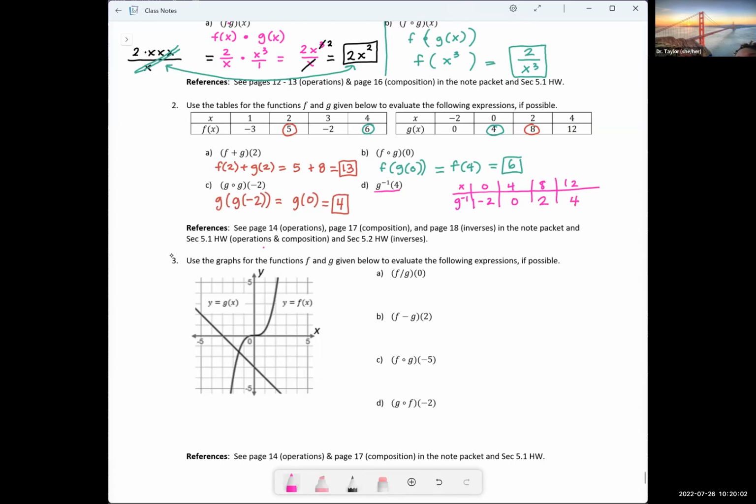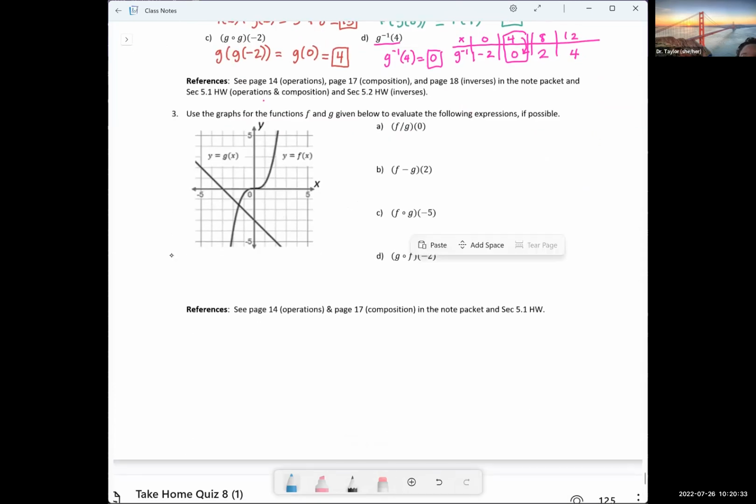So when they say G inverse of 4, the answer is 0. If you were doing it the other way that I modeled in class, you would use the same table and just go backwards. You find 4 at the bottom and go to the top to see what it corresponds with. And that's 0.